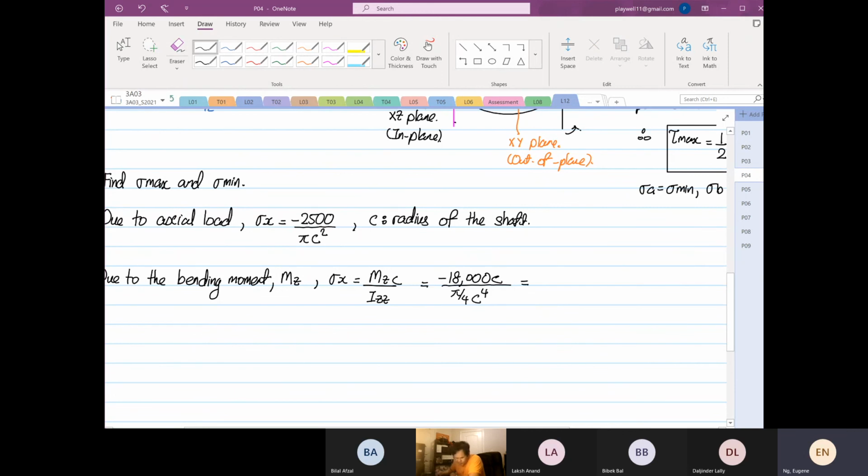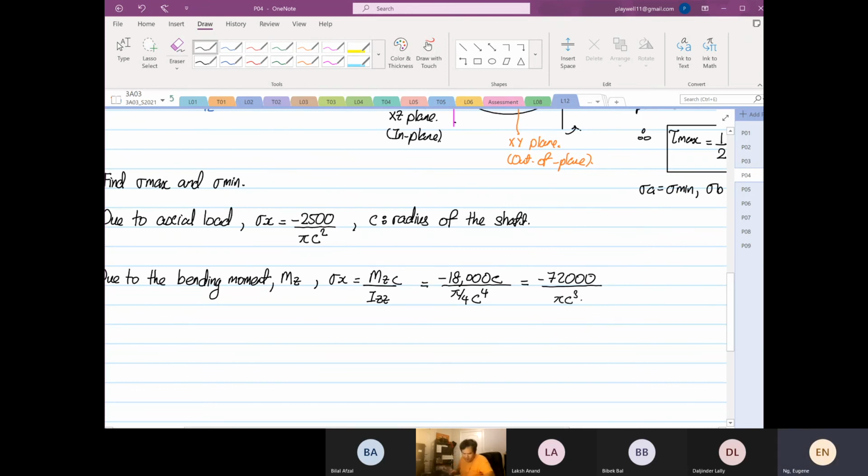So this will be equal to 18,000 times 4, which is 72,000, divided by pi C cubed. I like to leave the pi down here because I don't want to handle too many decimal points. That's the only reason.